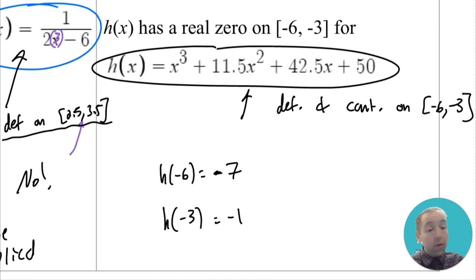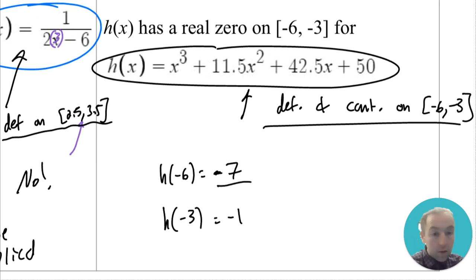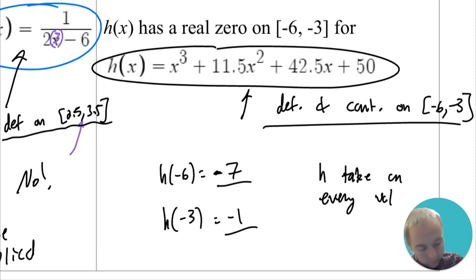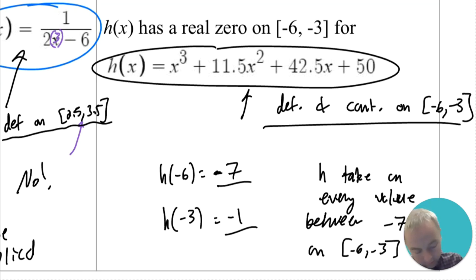So because the function is defined and continuous, and we get a y value of negative 7 at x equals negative 6, and a y value of negative 1 at x equals negative 3, what we can say is that h is going to take on every y value that is between negative 7 and negative 1 on the interval from negative 6 to negative 3. So we're guaranteed for that to happen.